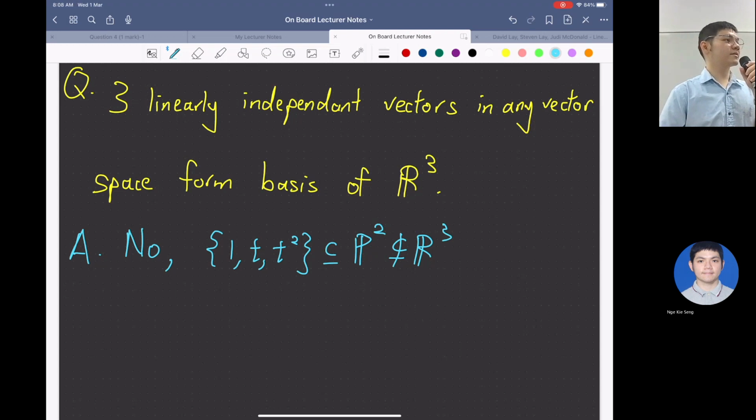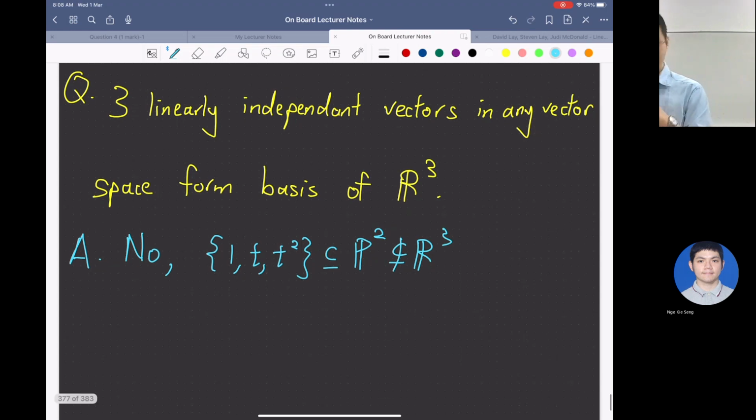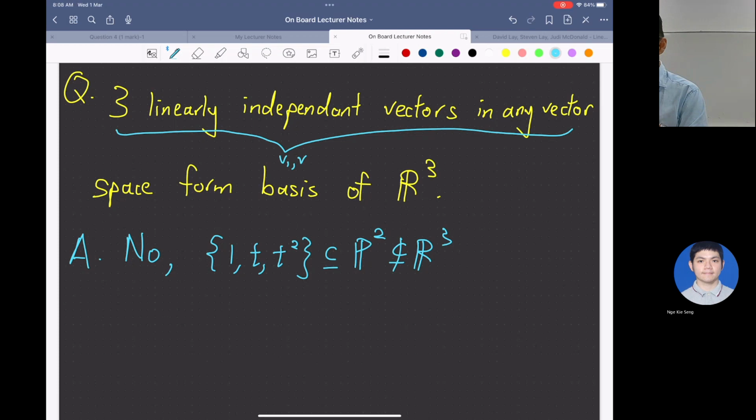Does it make sense? They can live in different spaces. But what is true for this part here? Let's say we call it V1, V2, V3. Let's find out what is true.